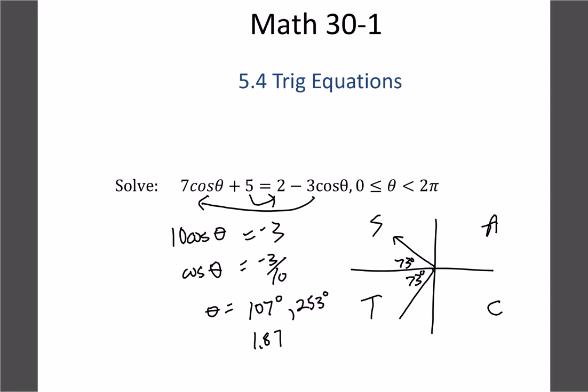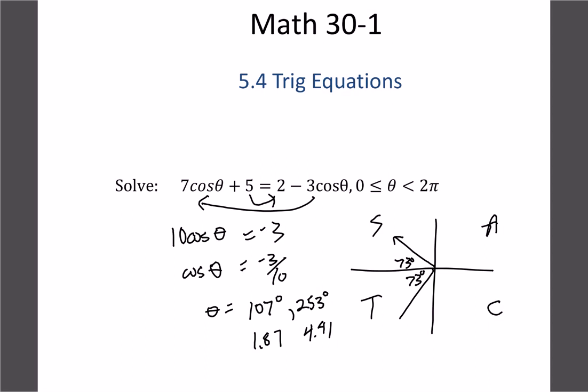And we can convert that to radians as well, times it by pi divided by 180, and we get 4.41 radians. So remember, doing these, we would solve the algebra, find your solution, use the CAST rule to find the other solutions, and that's it.